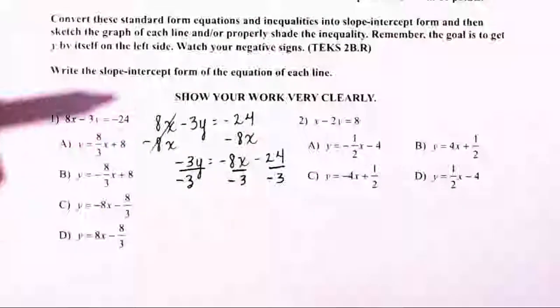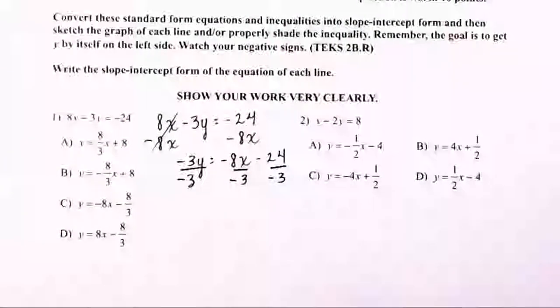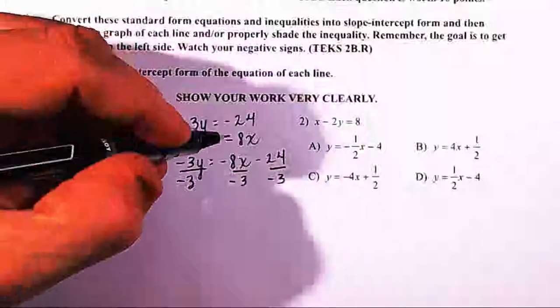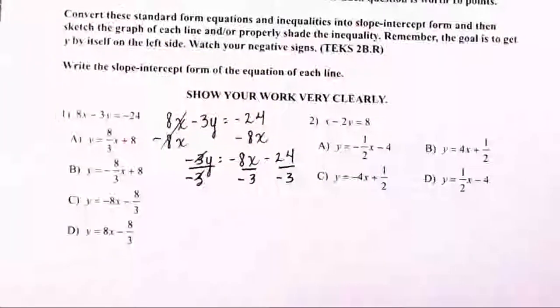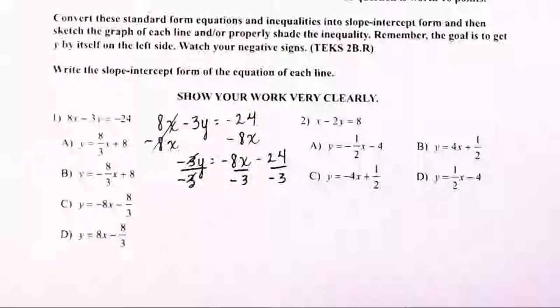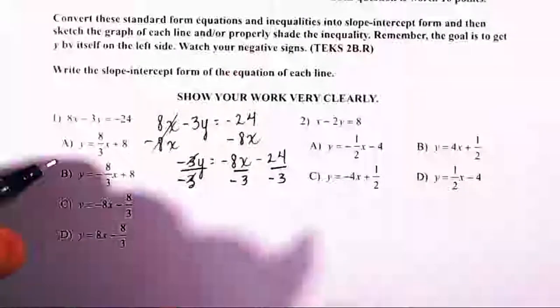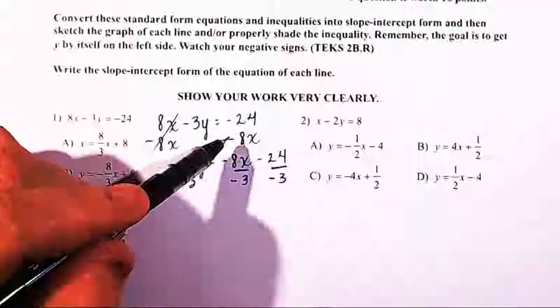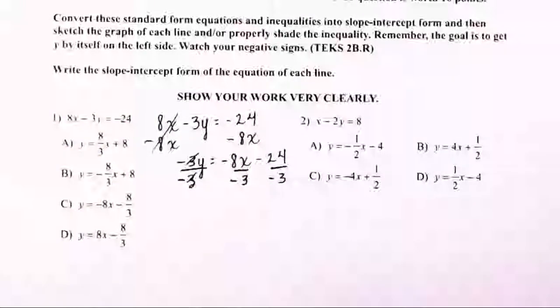Your work should look exactly like this. So on the left, the negative 3's cancel out. And we're going to rewrite, and I'll show you that we're going to make some conventional changes as we rewrite to the way these things are presented over here on the right side.